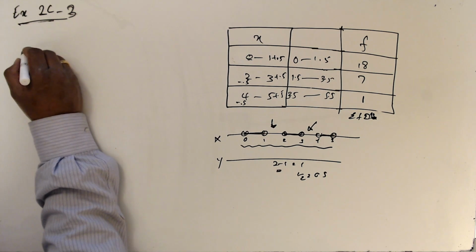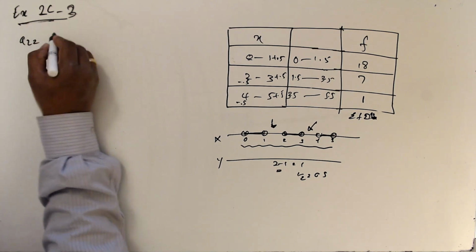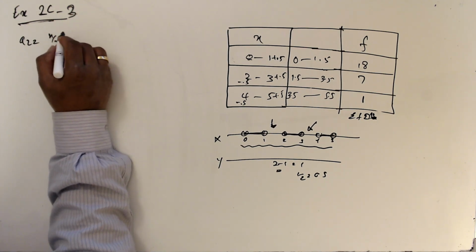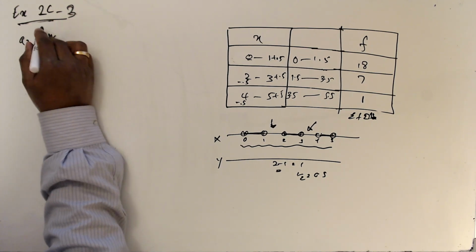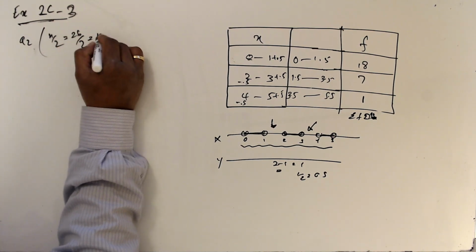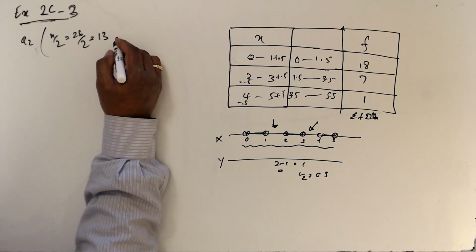So the median number of breakdowns we need to find. Median means Q2, n divided by 2. We want to find Q2, n divided by 2, 26 divided by 2, that is 13. Then it is a whole number.